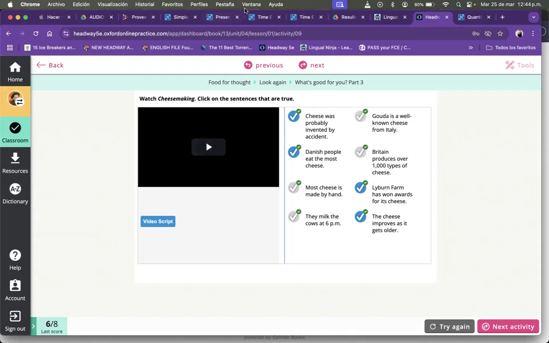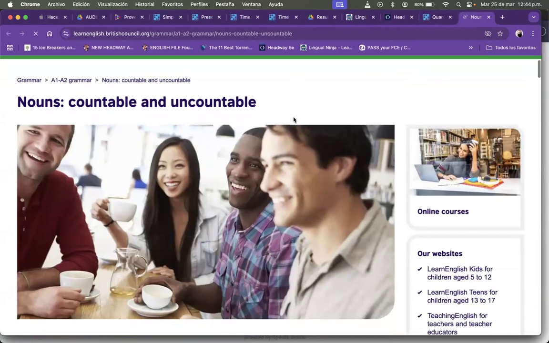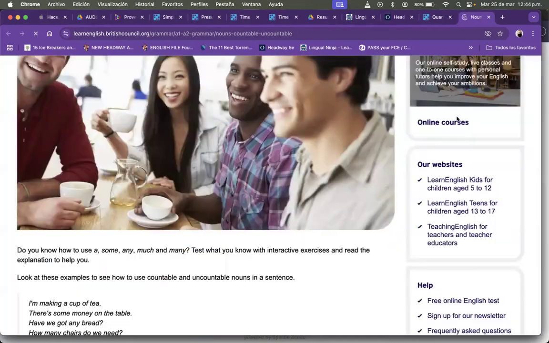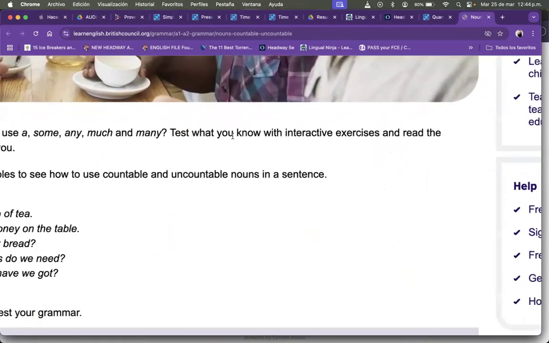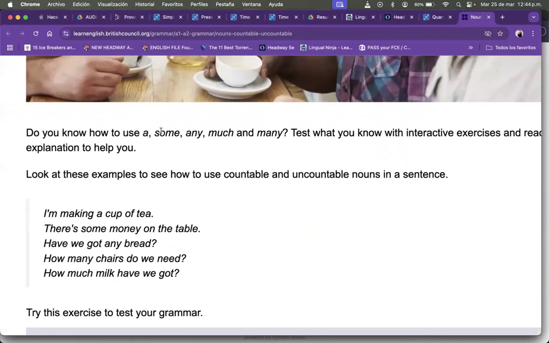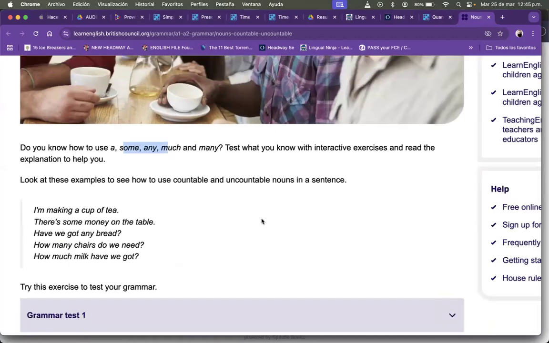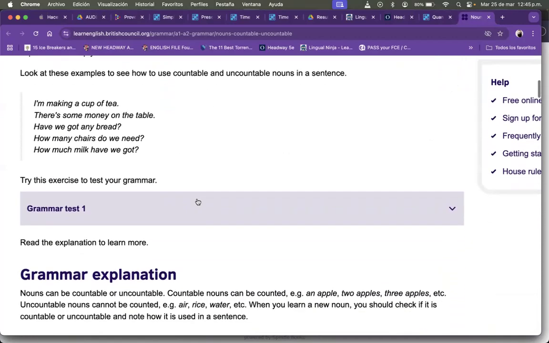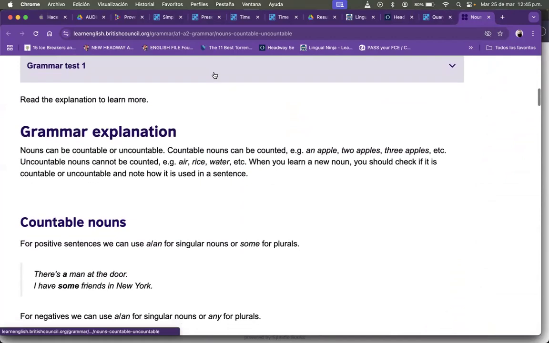I already shared the link with you. Let's open this together. So this is countables and uncountables. There is an explanation here about countables and uncountables, some, any, much, many, and there is this grammar explanation.